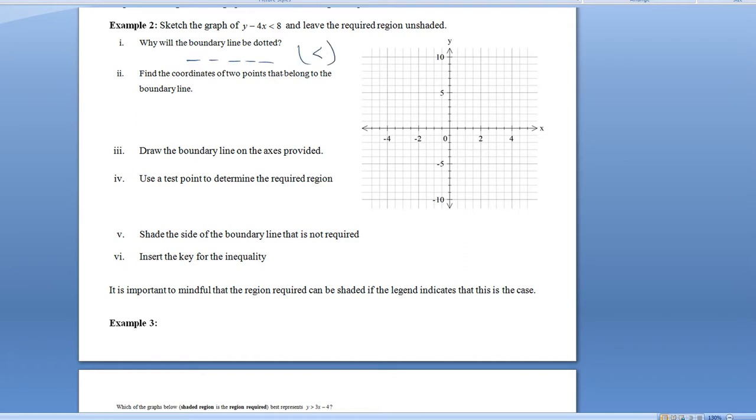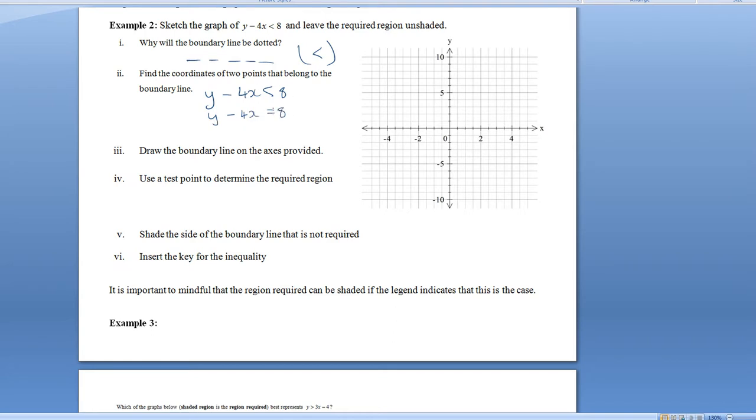Find the coordinates of 2 points that belong to the boundary line. There are a plethora of ways you can find 2 coordinate points. It's up to you how you do it. What I'll do is write my function down, less than 8. Because remember, all we're doing is sketching the boundary line, so we're allowed to just do the boundary line by saying that it equals 8.